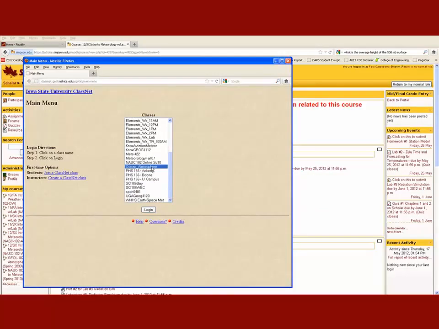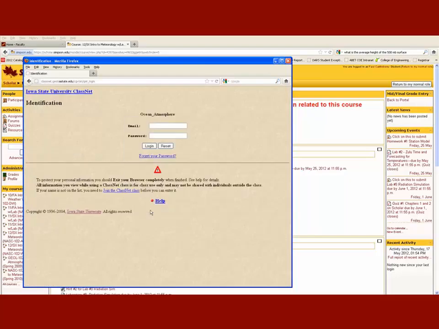You should have set up an account on here. That was one of the assignments from the first week. And let me go ahead and log in as a student. I've actually forgotten my student name, so let's try.